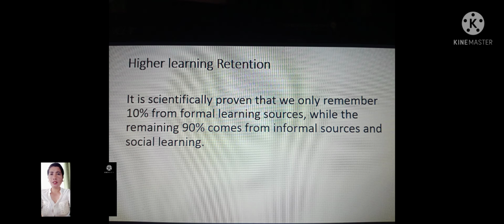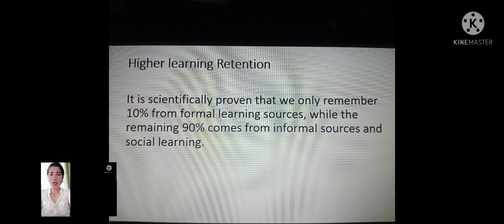So under better skills, we have higher learning retention. It is scientifically proven that we only remember 10% from formal learning sources, while the remaining 90% comes from informal sources and social learning.